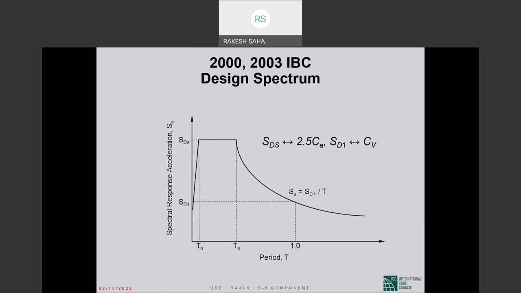The 97 NERP provisions abandoned that. In 97 NERP, and in the 2000 and 2003 IBC, and in all IBC editions since, the basis of seismic design was changed from ensuring life safety in the 500-year return period earthquake to preventing collapse in the so-called maximum considered earthquake.